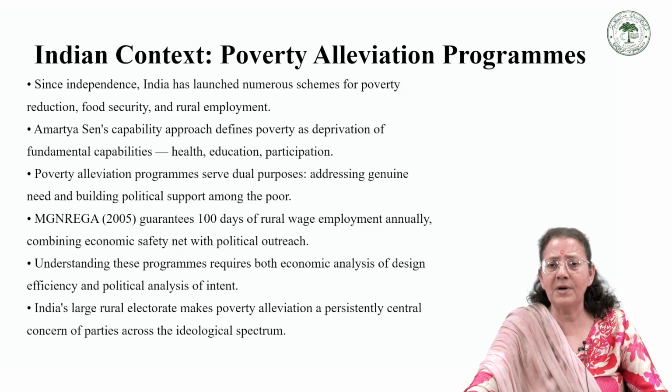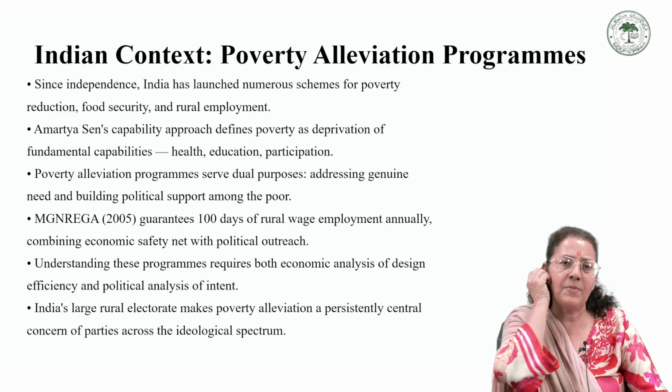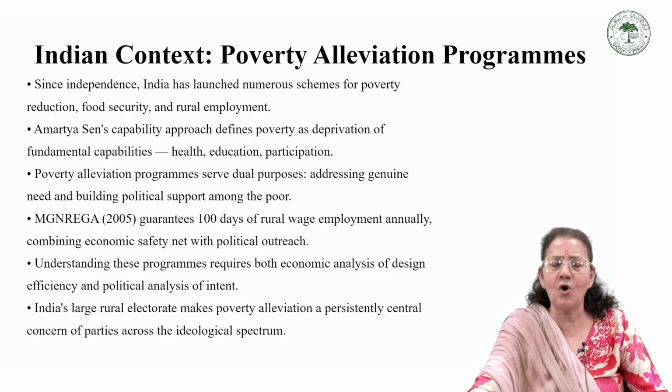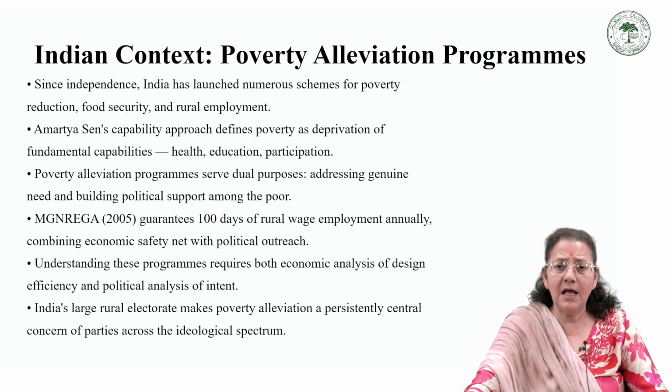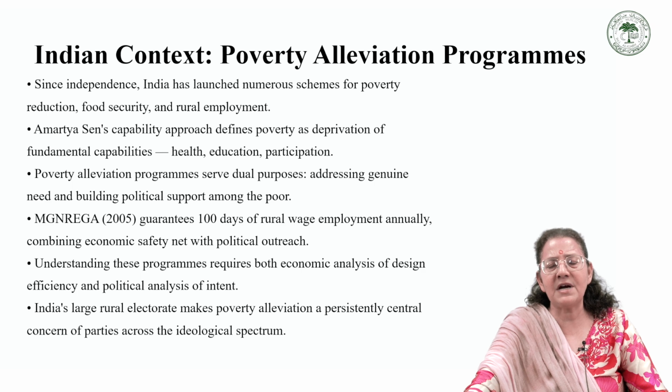Amartya Sen, the Nobel Prize winning economist from India, emphasized in his capability approach that poverty is not merely a matter of low incomes but the deprivation of fundamental human capabilities such as health, education, and participation in social life.